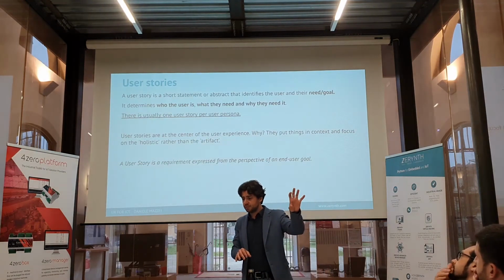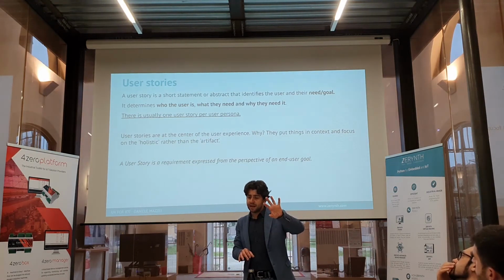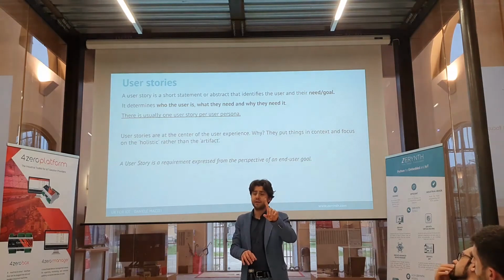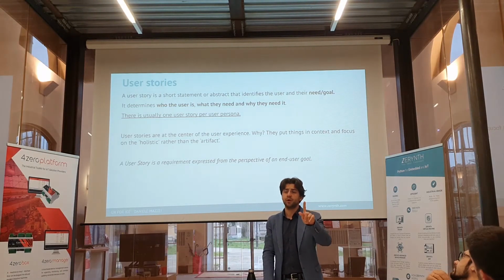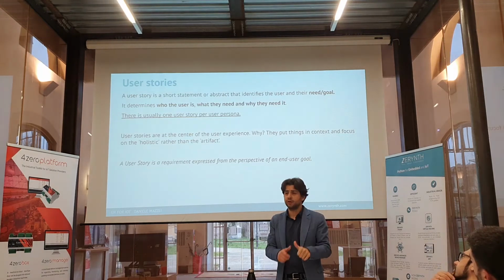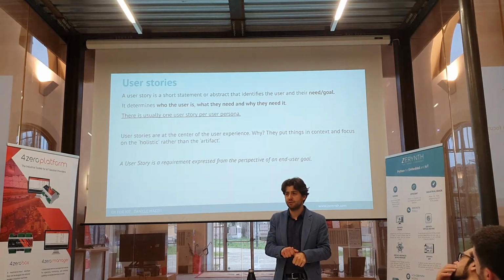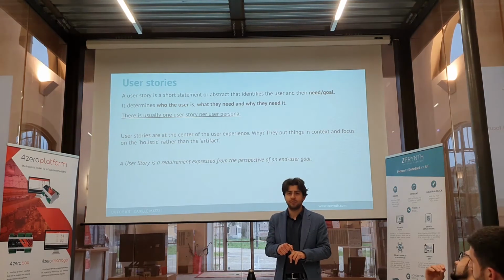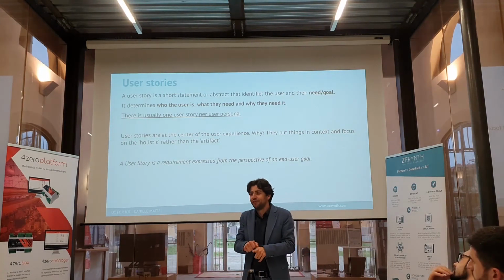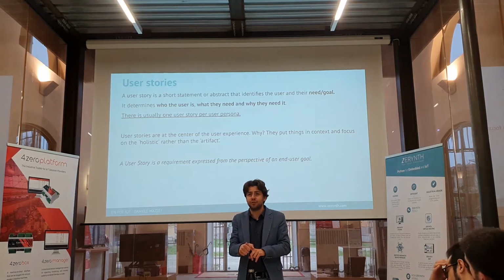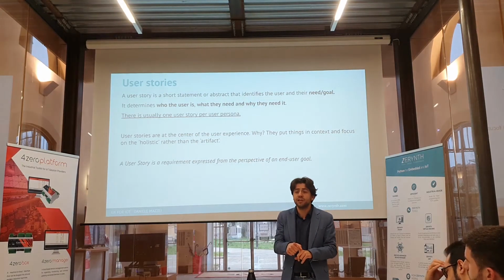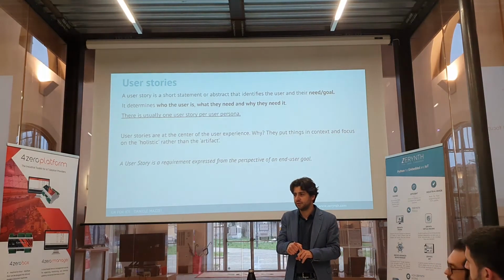There is at least one user story per persona. If you are not able to write a user story for a persona, it means that that persona is not usable. There is no reason for taking care of someone that is not using your software because they have no need for using that software.